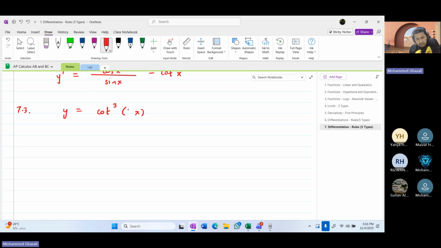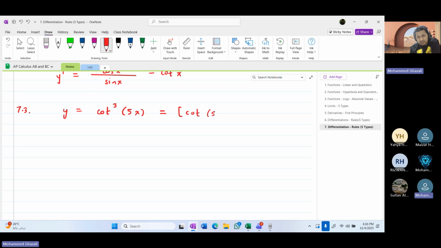So cot cubed 5x. We know how to differentiate cot 5x, but what about the cube? Because it's cubed, we're going to write it to the power 3. If you wrote cot cubed x, it is cot x to the power of 3, right?